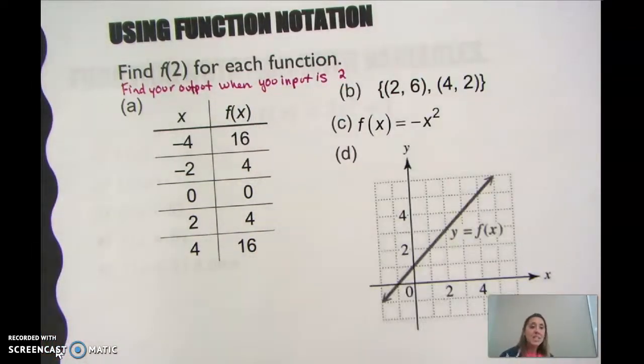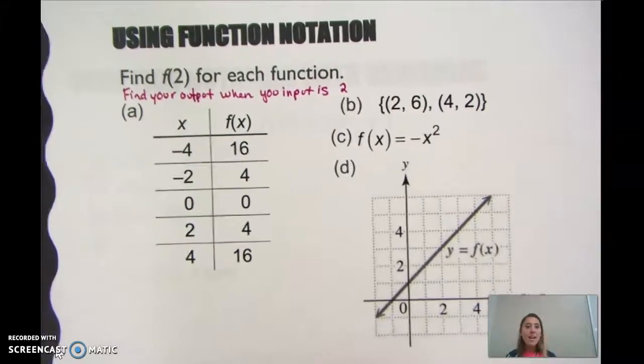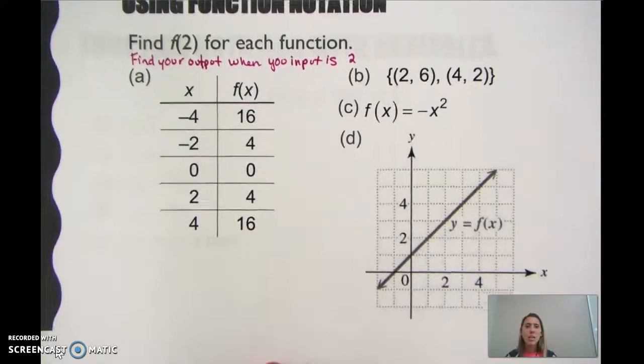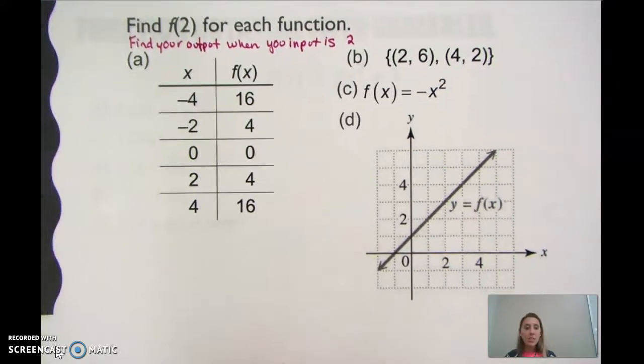That's what that sentence is saying. Something that we don't really talk about a lot in math is that math is like a second language. It's like a new language that we're learning. So I'm going to put this up here so you can start jotting this down in your notes while I'm talking. So how you read that, find f of 2 for each function, it's saying find your y, find your output, find your answer when your input is 2.